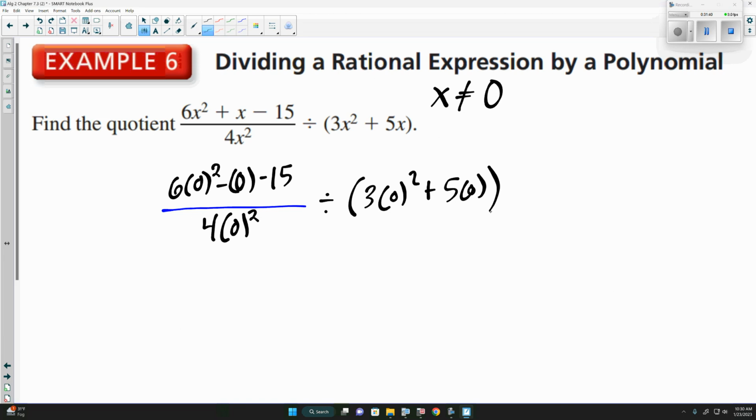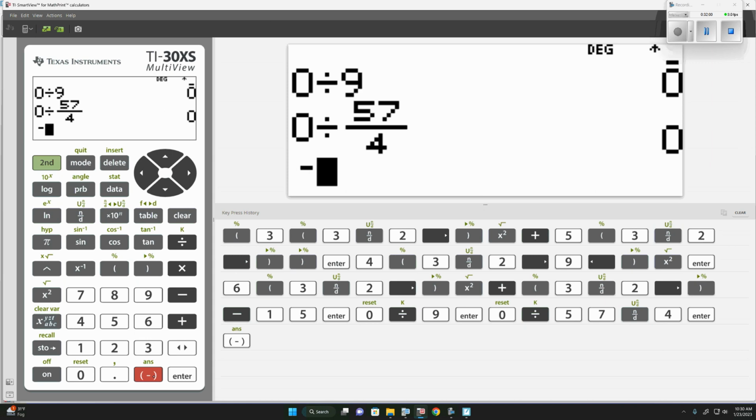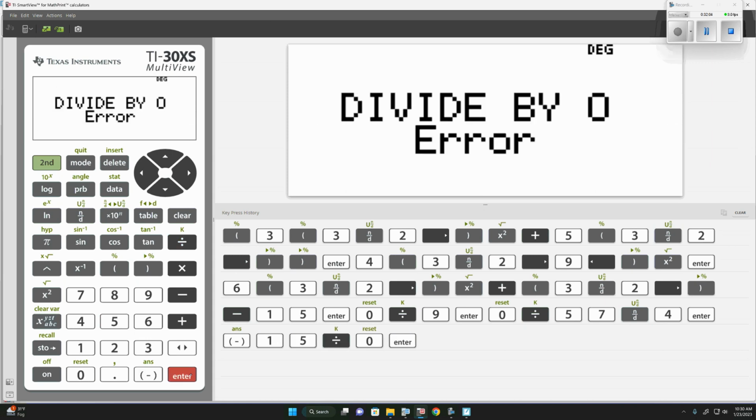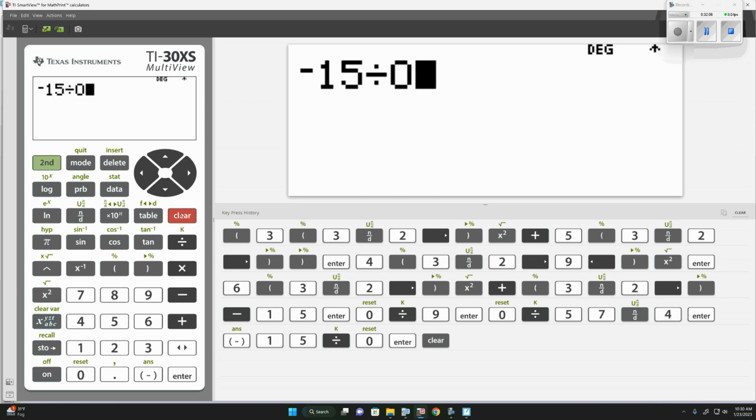So 4 times 0 squared is, this whole thing becomes, now the numerator, that's 0, but we have negative 15. Now what is negative 15 divided by 0? Right? Error. What? It's really complicated.